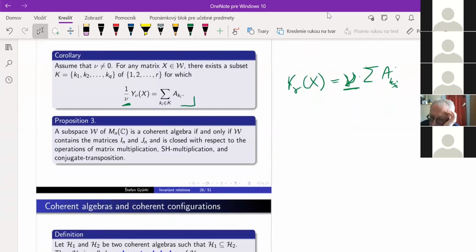Why are we doing all this job? Simply to be able to recognize a coherent algebra from the other side.